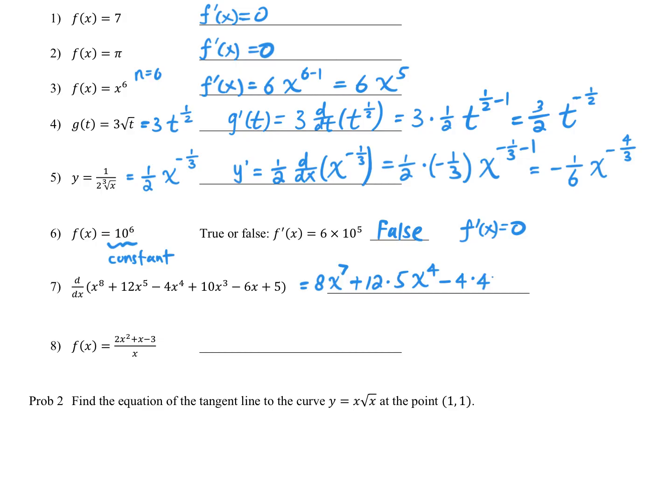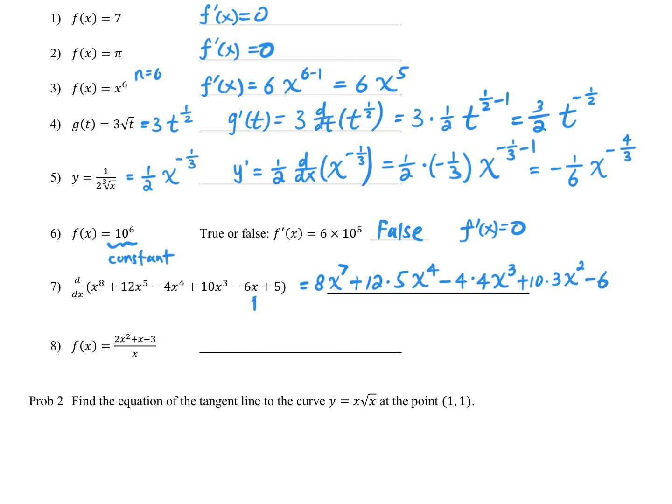Exponent is 4. 4 times x to the power 4 minus 1, which is 3. And continue to the next term, plus 10 times 3 times x to the power 2, because we subtract this 3 by 1, right?